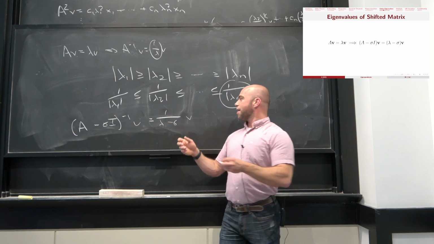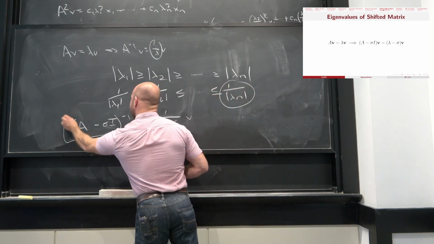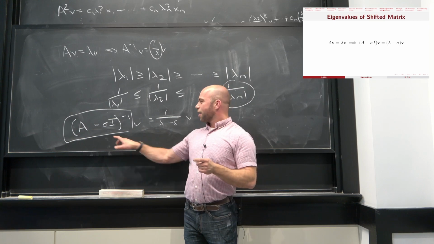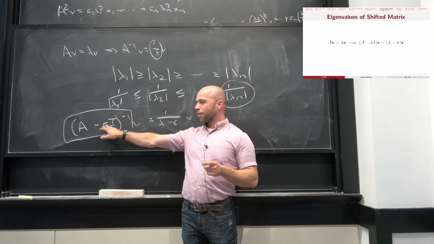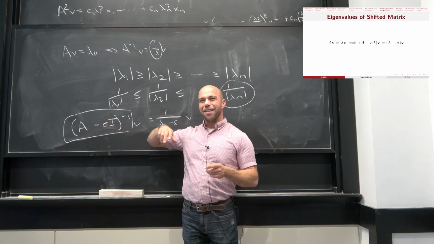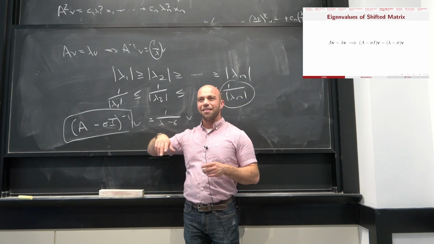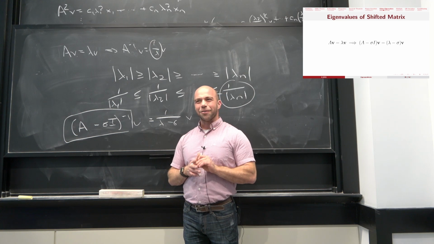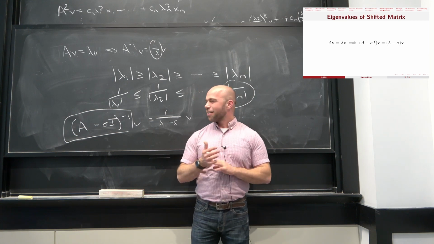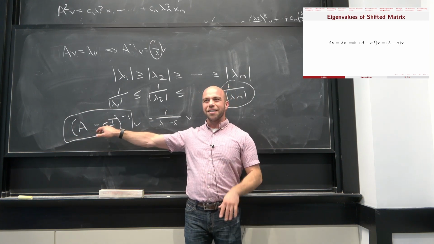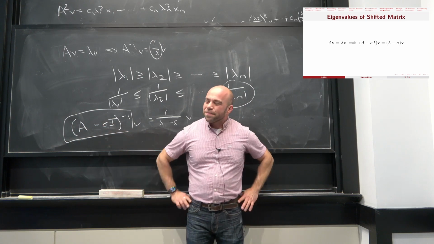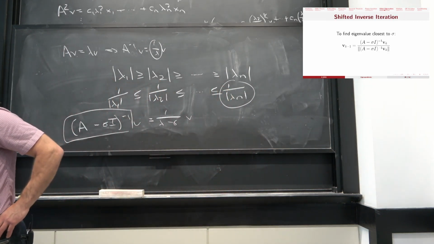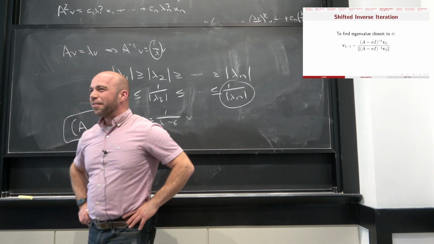So actually the dominant eigenvalue of this guy is going to be whatever one is closest to, like you're going to choose the lambda that's closest to sigma, and that's the eigenvector that's going to dominate. Does that make sense? So this is a way to do a targeted search for an eigenvector, right? If I kind of know like there's an eigenvector out there with eigenvalue 7-ish, then I can compute this thing. By the way, this also has a name. This is called shifted inverse iteration, in case you were wondering.